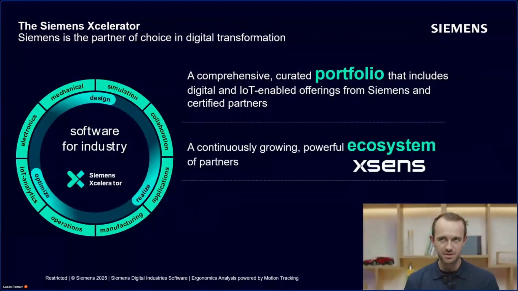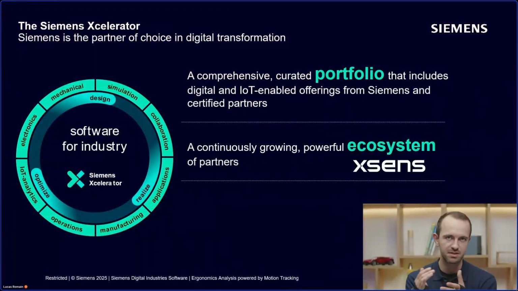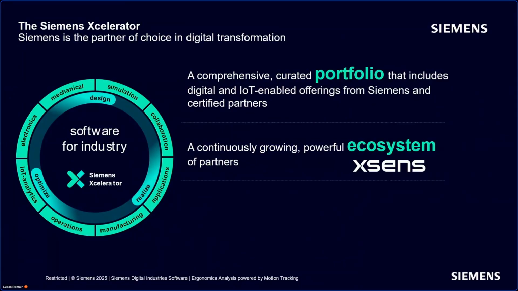And this is an example, for example, with our ecosystem of partners, when it stands for publishing data for your ERP. We got a strong partnership, for example, with SAP. And here today, we want to highlight the partnership we have with Xsens when it stands about digesting this motion tracking data.